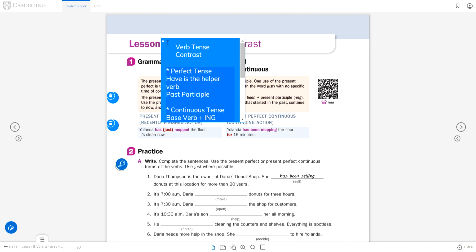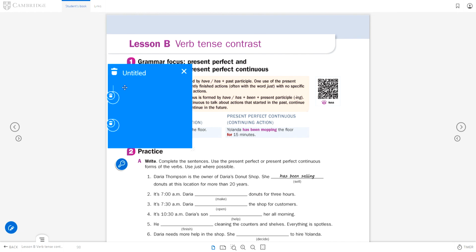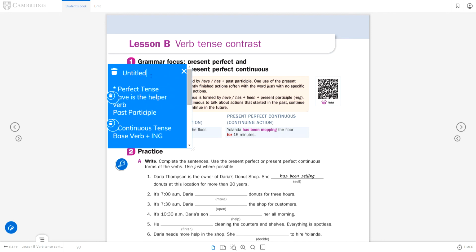I can't close this one. I made a new one.